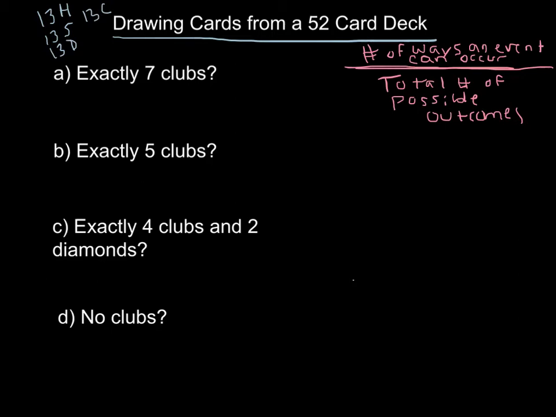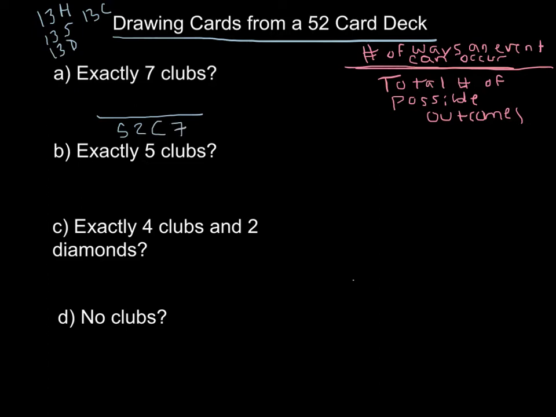What's the probability that you draw exactly 7 clubs? Well, our denominator is the total number of possible outcomes. When you're drawing 7 cards from a 52 card deck, the number of possible ways you could draw those 7 cards is simply 52 choose 7.